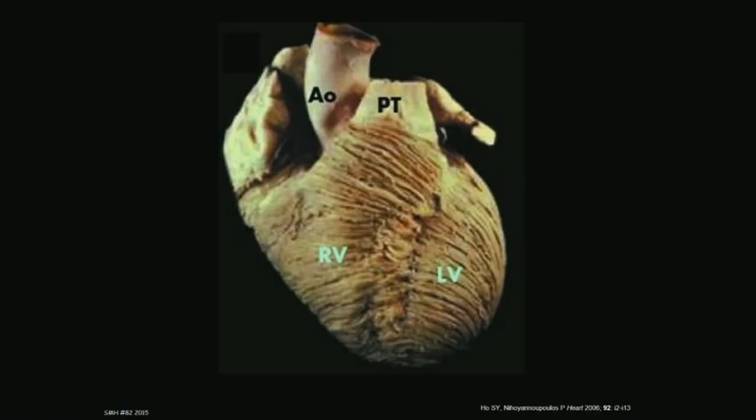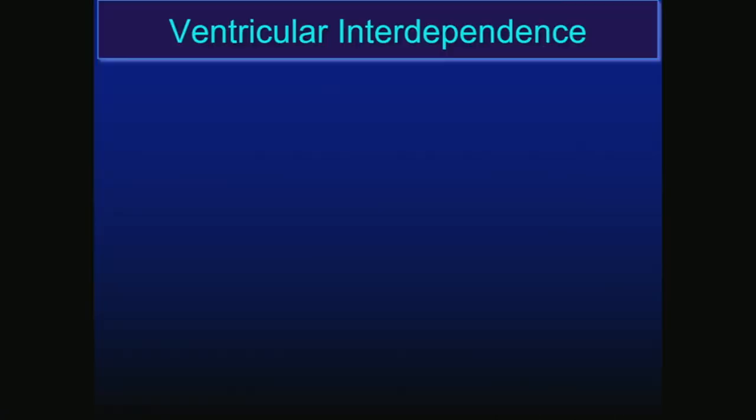But the right ventricle and left ventricle are attached. This is actually an anatomical sample where you take out just the outside of both ventricles. And what you see here is that the fibers go from one side to the other. They wrap all the way around the heart, connecting the right ventricle.